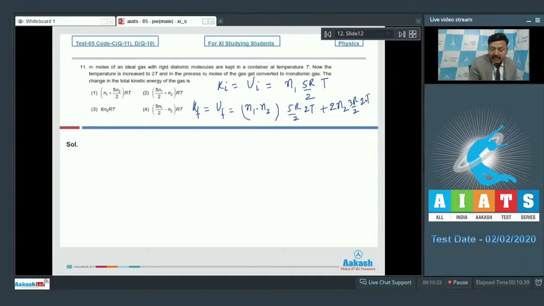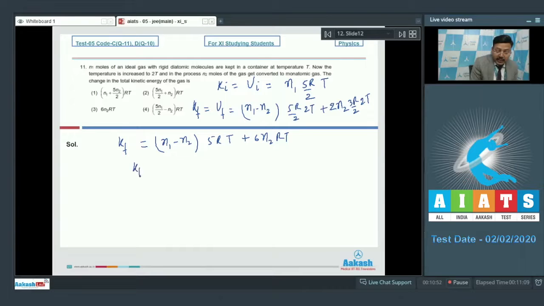Let's simplify the expression for the final kinetic energy. So we have Kf is equal to N1 minus N2 into 5RT, and the other one is 6N2 RT.